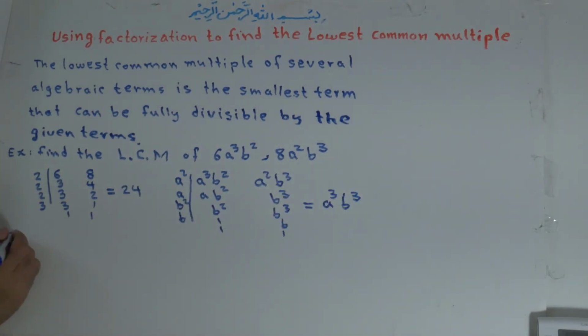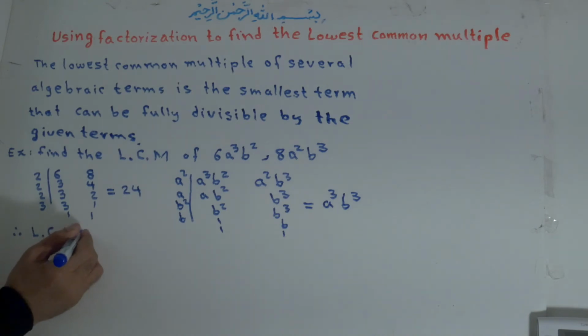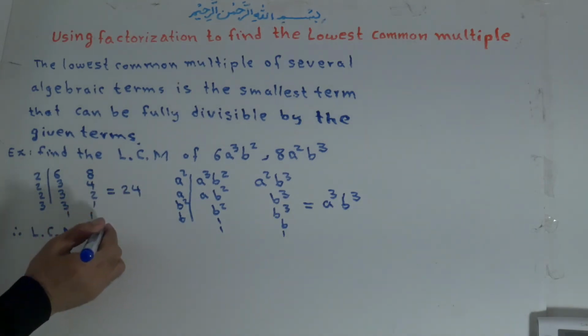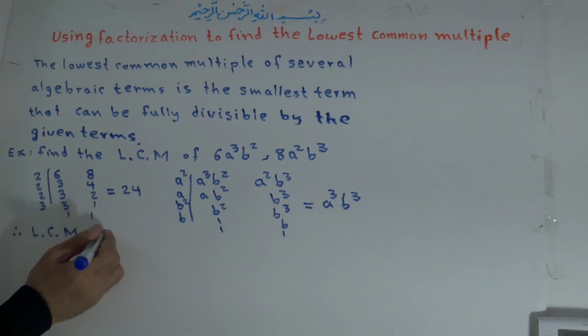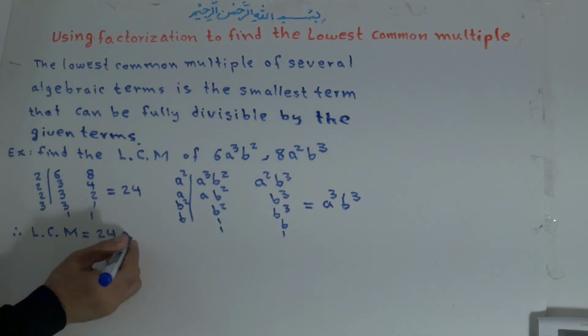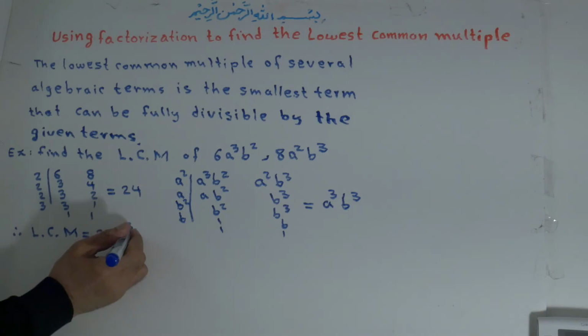Therefore, LCM, lowest common multiple, is equal to 24 a to the power of 3, b to the power of 3.